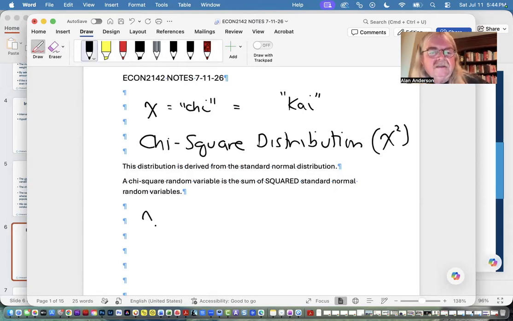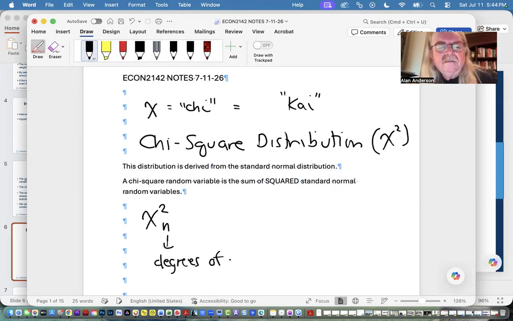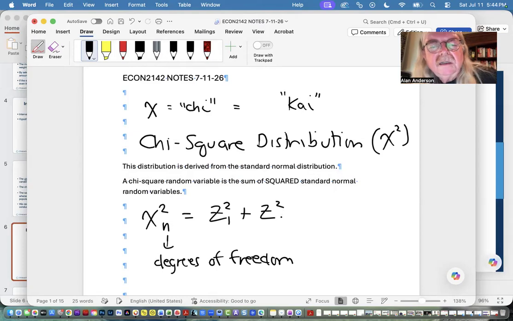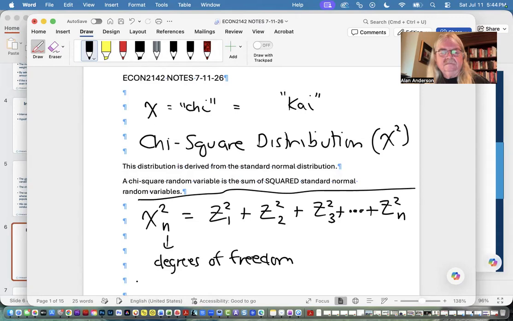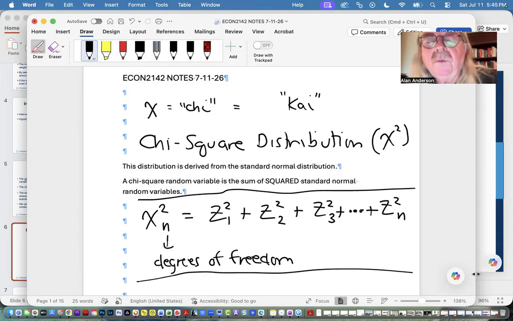Here's chi-square, and the subscript represents degrees of freedom. And what happens is we simply add up the squares of n, whatever n is, squared standard normal random variables. And that's where it comes from.